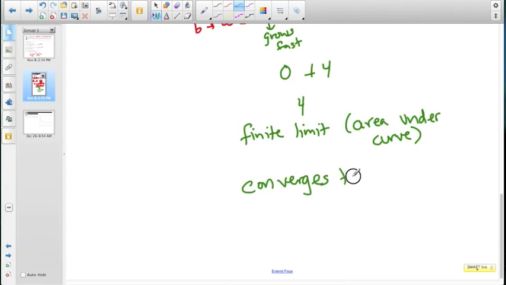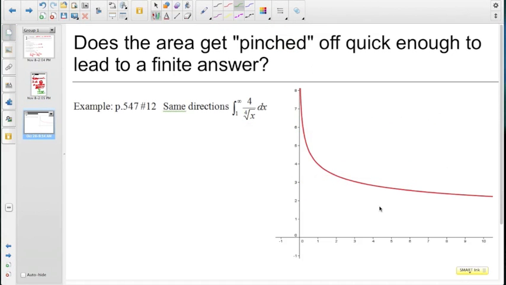And really, converges is kind of short for the phrase converges to a finite value. In this example, again, I always think it's very effective to graph this to see what we're looking at.